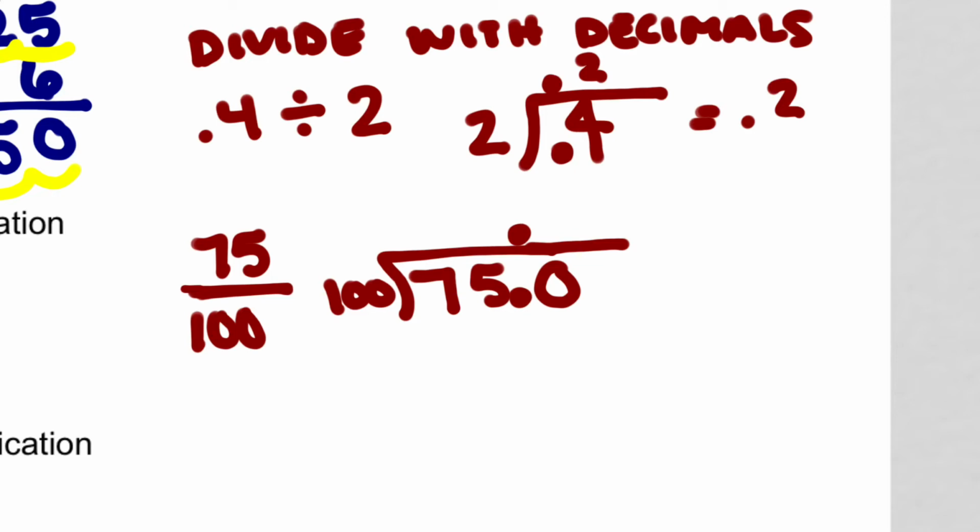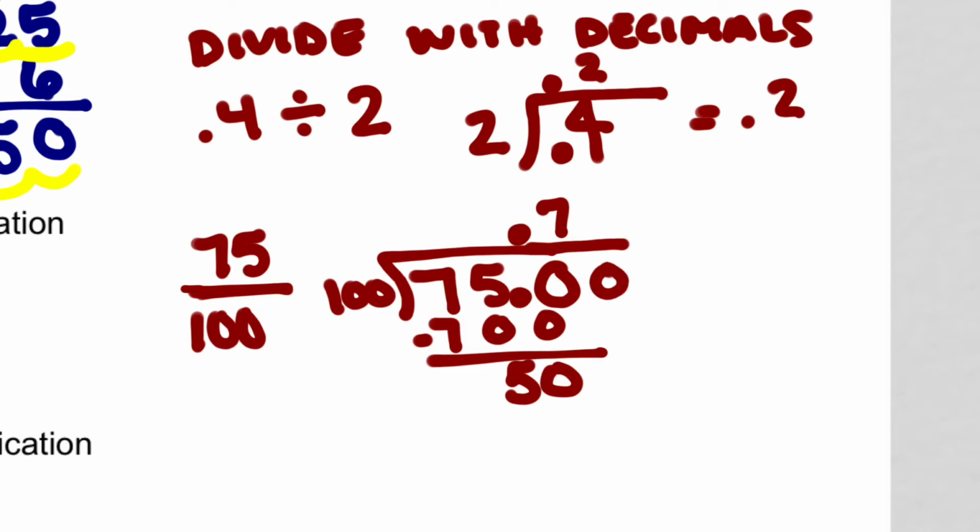So 75 isn't big enough to fit 100 in there, but 750 is. I can put 7 of them in there. So 7 times 100 is 700. When I subtract that, I have 50 remaining. So I'm not done. I have to expand that with another 0 and bring it down. So now I ask myself, 100 goes into 500 how many times?